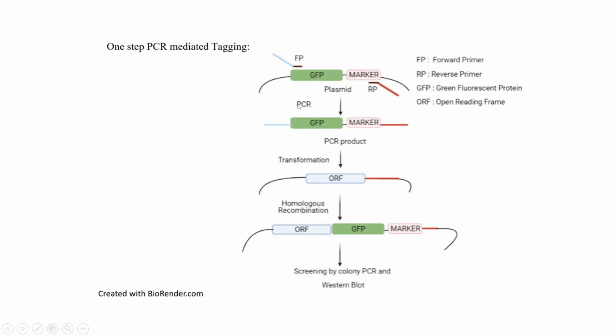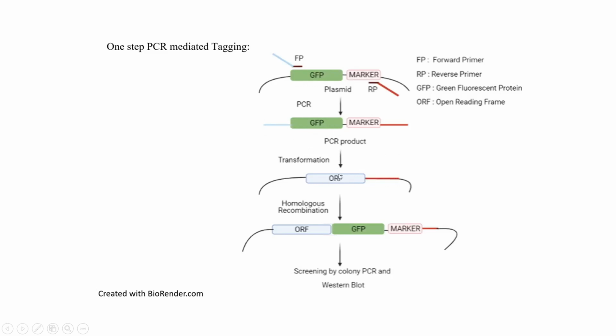So now the gene will be amplified, and in the PCR product you can see that at the N terminal you have the portion which corresponds to the C terminal of this ORF, and the red region corresponds to this region. Then you transform it, and it will merge this product.